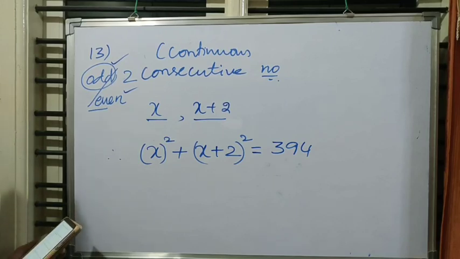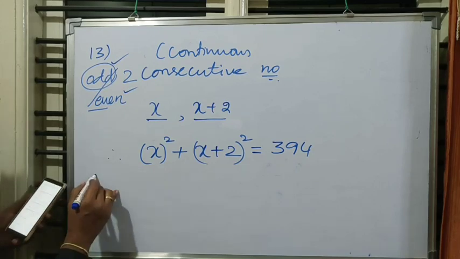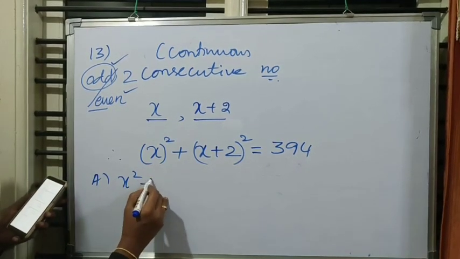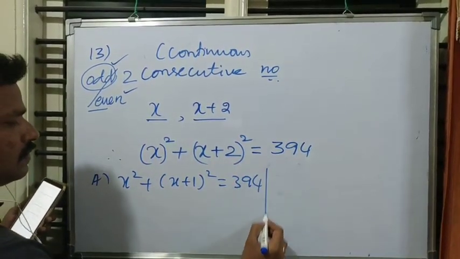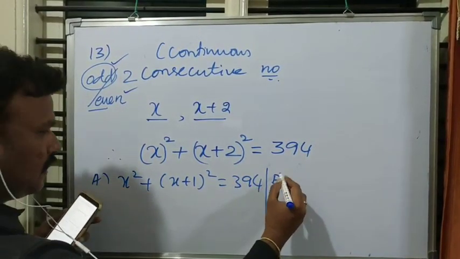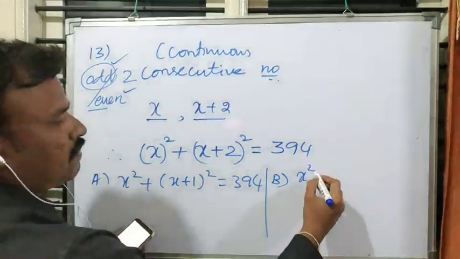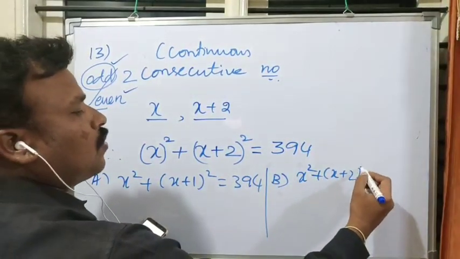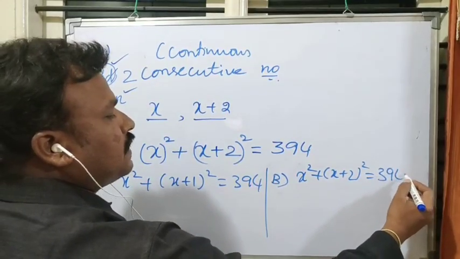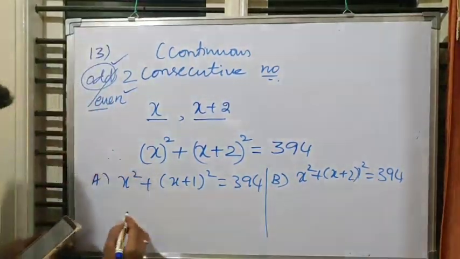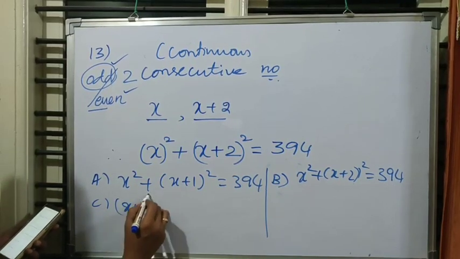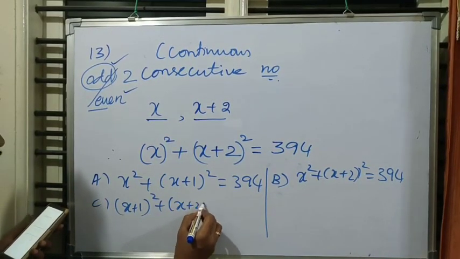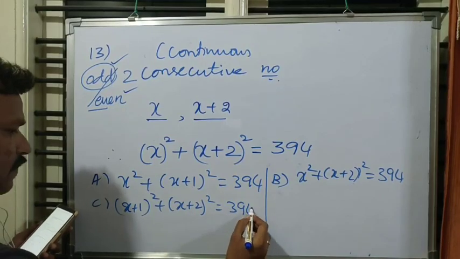So in our options, which one is the right answer? See, option A is x square plus of x plus 1 whole square is equal to 394. Option B is x square plus of x plus 2 whole square is equal to 394. Option C is x plus 1 whole square plus x plus 2 whole square is equal to 394.